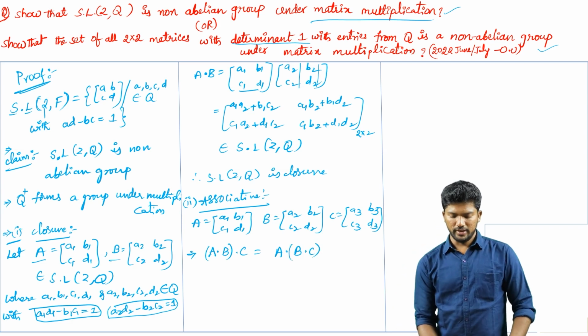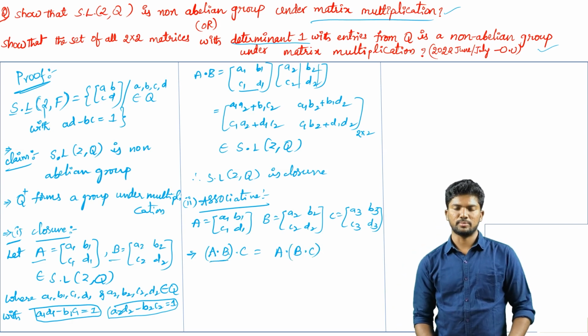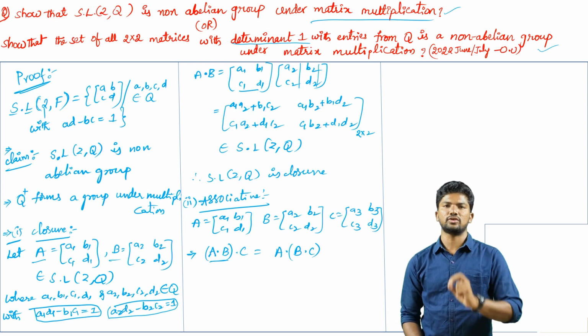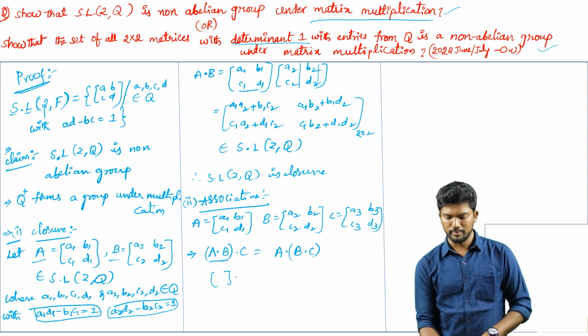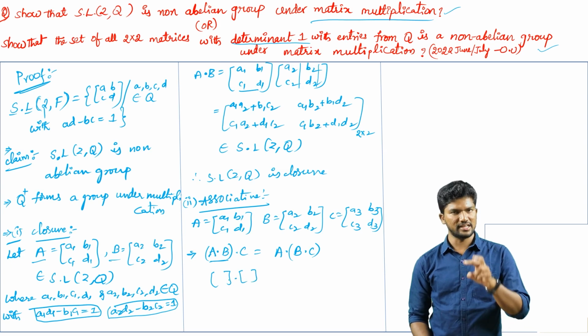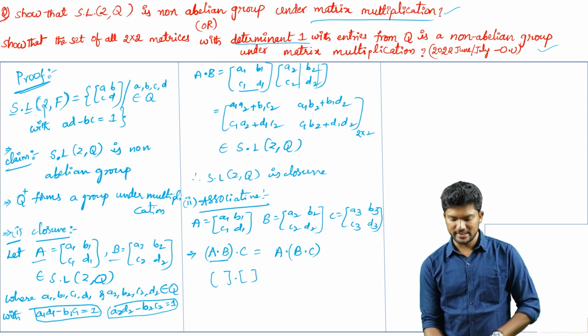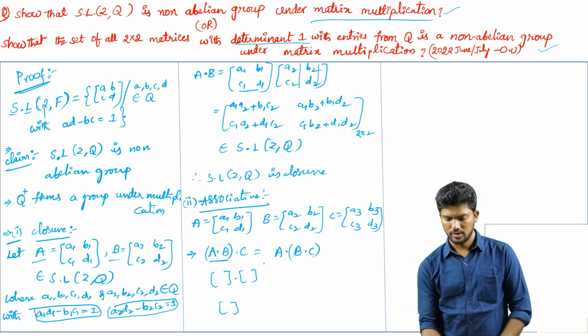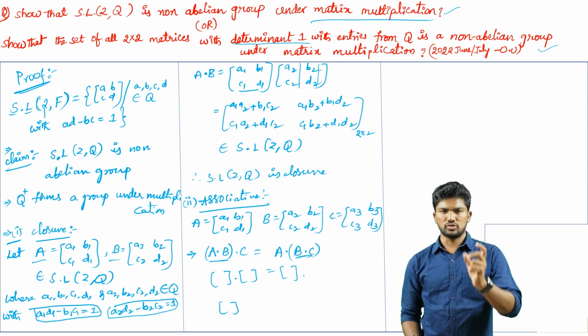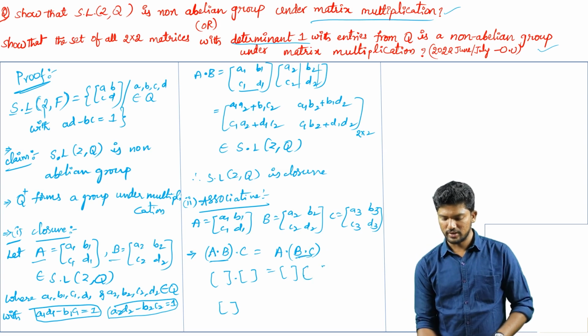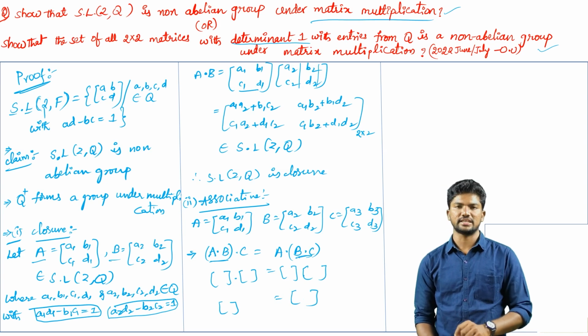From the closure property, you can observe the product of A into B is again a 2 by 2 matrix. If you multiply that with C, the resultant product is also a 2 by 2 matrix. Likewise, A is a 2 by 2 matrix, and the product of two 2 by 2 matrices is again a 2 by 2 matrix, so LHS is equal to RHS.